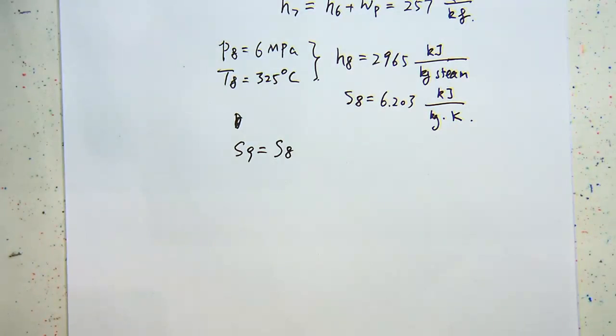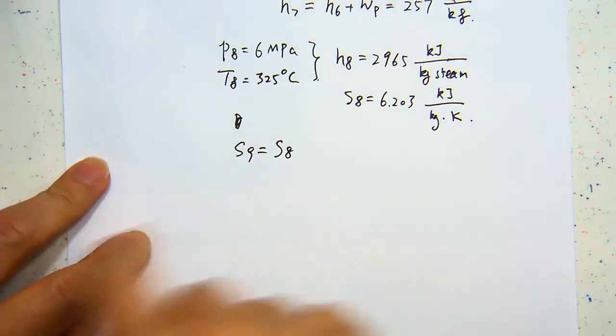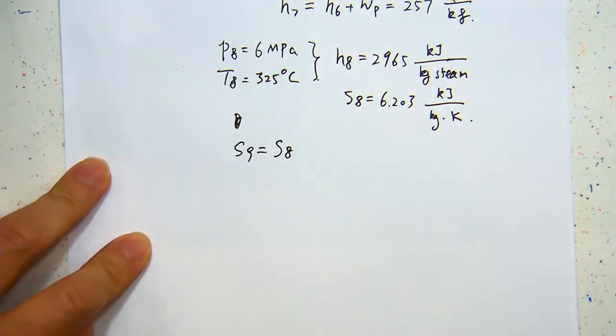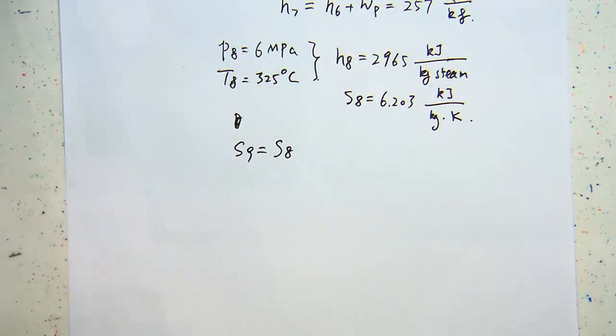Find the actual entropy. Entropy is already known here, from the table. And then what's next? You know this state. Find the quantity. Yeah, find x.